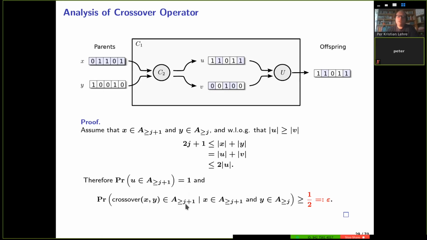So the probability that when we do crossover between two such individuals, we select u, the fittest, will be at least 1/2, because we select uniformly at random between these two individuals. So the probability that after crossover with such parents I get an individual in j plus 1 is at least 1/2, and we call this parameter epsilon here.